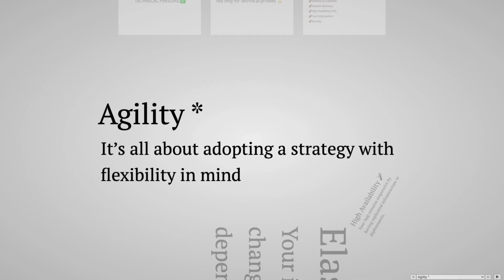Agility is all about adopting a strategy with flexibility in mind, meaning addressing changes in a timely manner while avoiding high cost. Let me give you a use case scenario. Just imagine that a company has been normally using a server, maybe an EC2 instance, linked up with a volume, simply said a disk, for a long period to run a mission critical application.